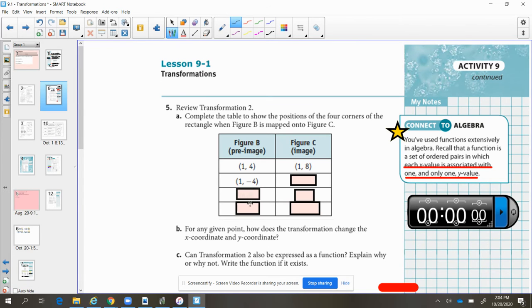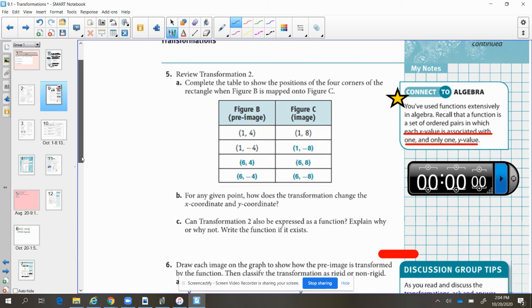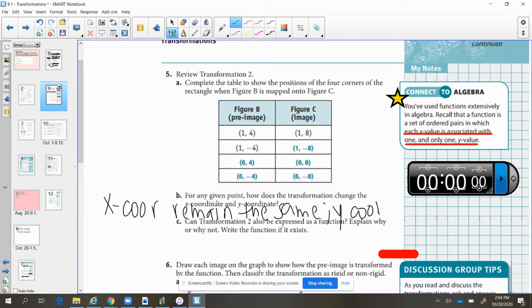So that's what's happening here in this picture. We'll have all those points now written down of that transformation. And what we're going to notice again is that the x coordinate stays the same, but our y coordinate this time doubled. Our y coordinate was multiplied by 2 each time.